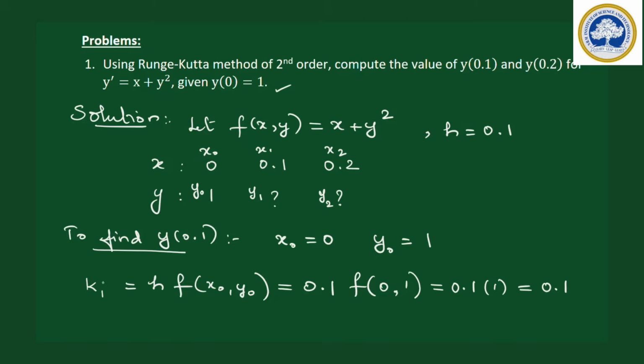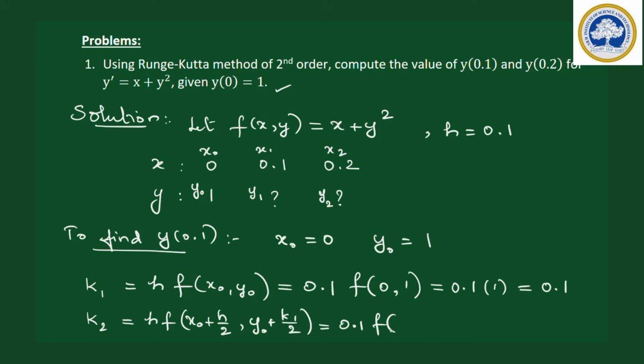So the k1 value is equal to 0.1. Now to find out k2. The formula is k2 = h into f of x naught plus h by 2 comma y naught plus k1 by 2. So this is equal to h, 0.1, into f of, we have to put x naught as 0, and h is 0.1 divided by 2.